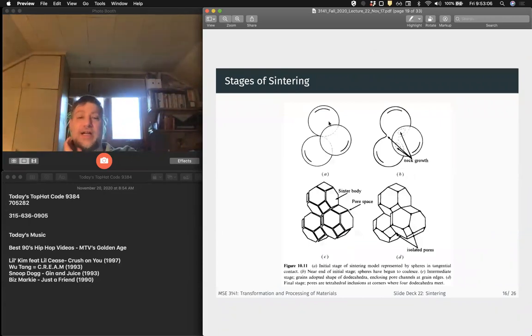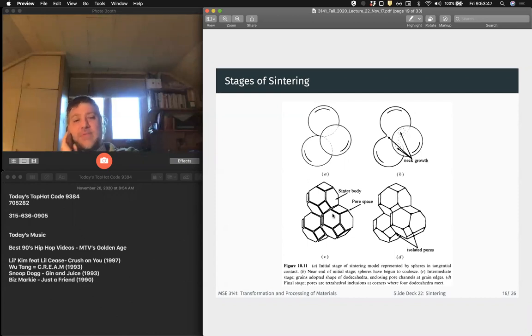So what does this look like? I start with particles that are stuck together, and as sintering starts, I have neck growth that forms. And eventually I keep moving atoms into my neck region, and I end up with my particles becoming polyhedra that are stuck together with continuous pore channels along the edges of these polyhedra. Okay.